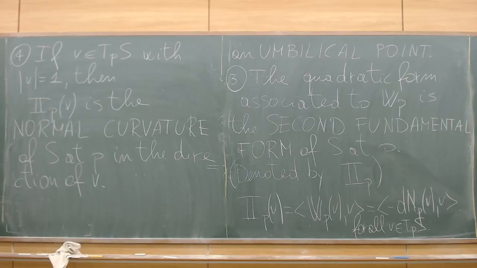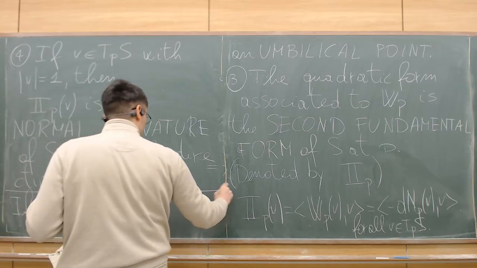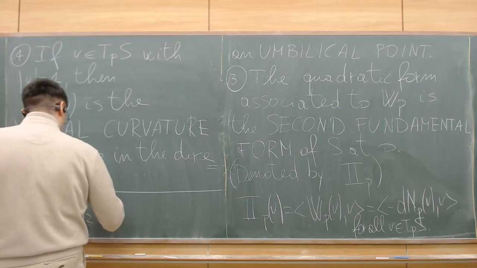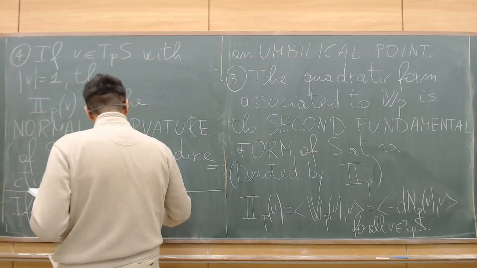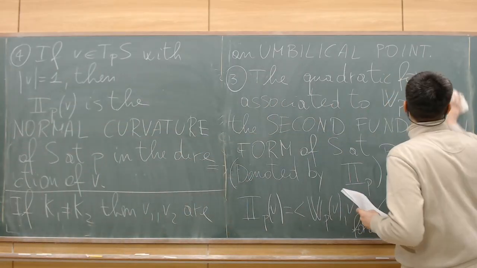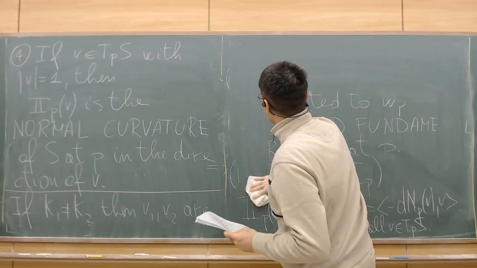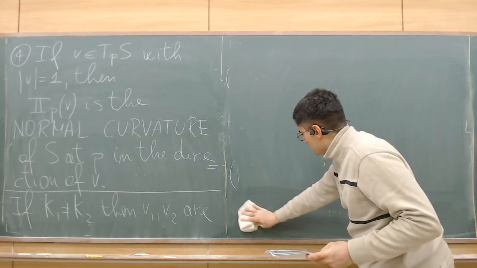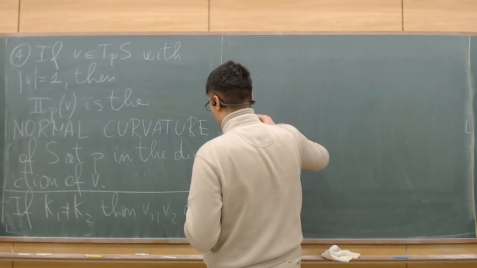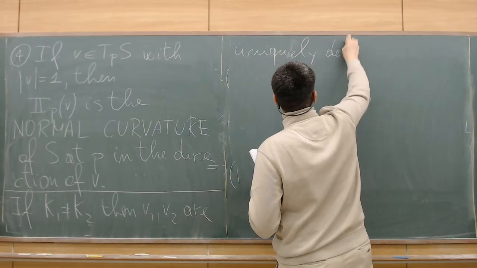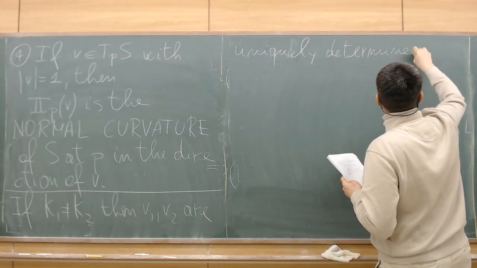Let's make a few remarks. So if K1 is different from K2, then V1, V2 are uniquely determined up to the sign.